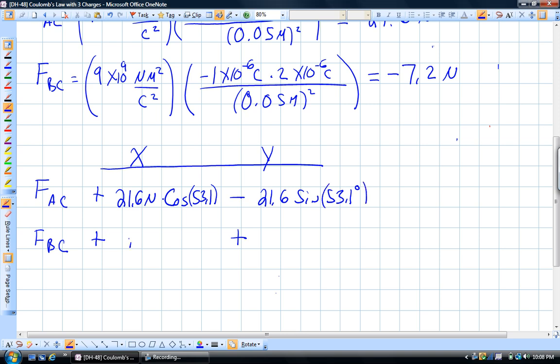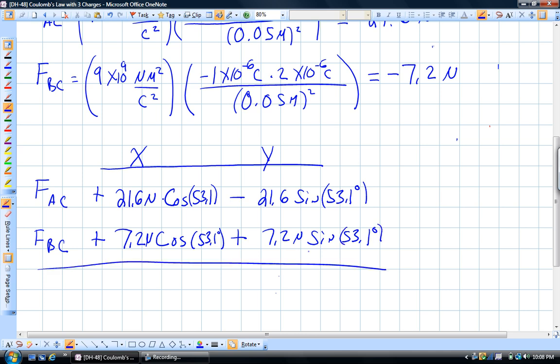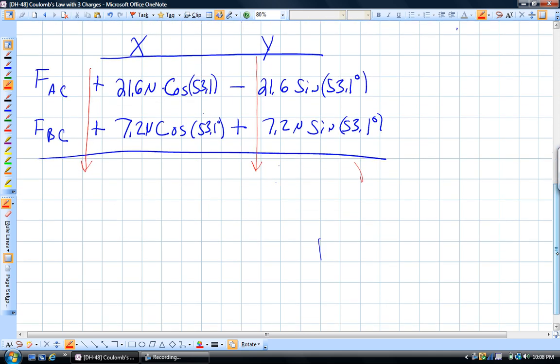It's going to be 7.2 newtons times the cosine of 53.1 degrees, and 7.2 newtons times the sine of 53.1 degrees. And then what you want to do is add these x components up, put those here, add these y components, put this there.